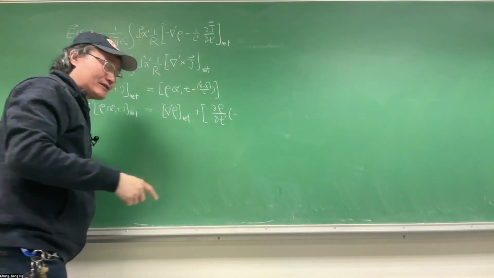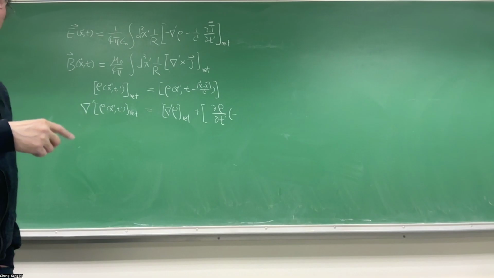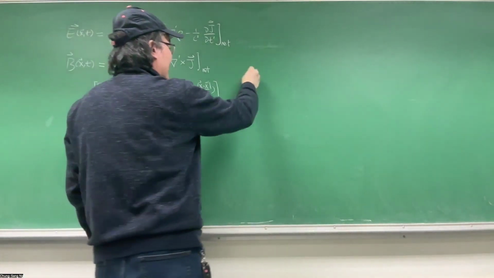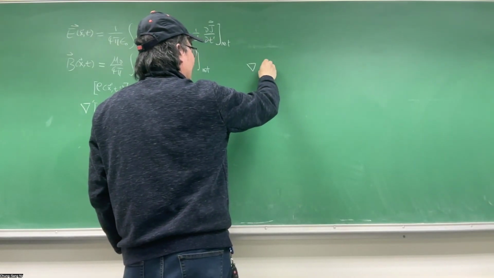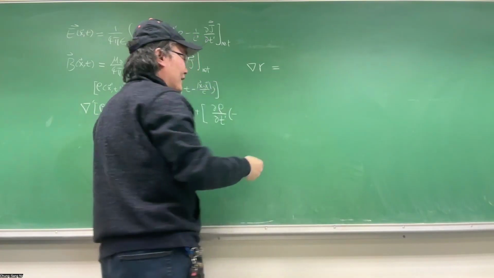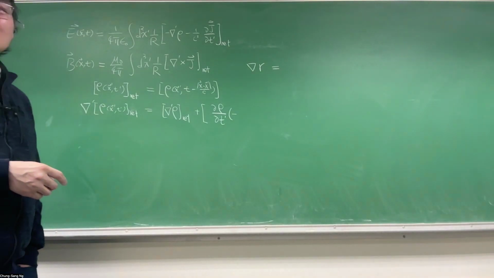If you take a gradient, just like the radial unit vector, what do you get? The gradient of the coordinate, basically. We talked about that before, using the spherical coordinate gradient.